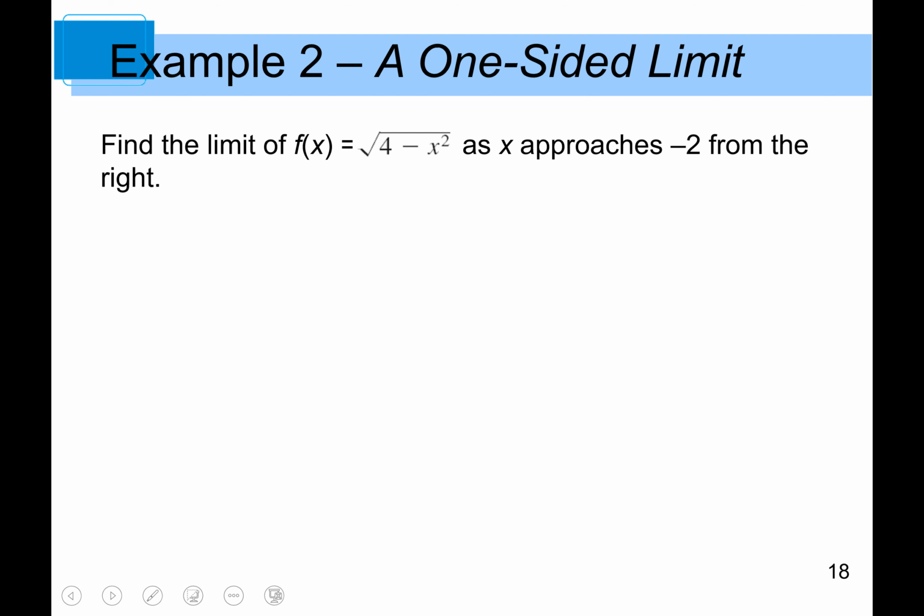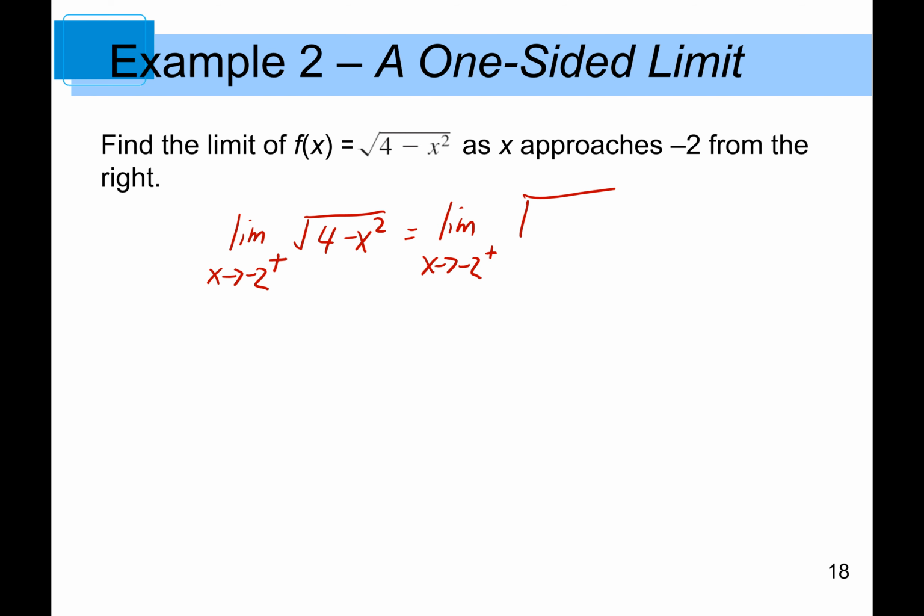So let's learn how to find the limit of f of x when x approaches -2 from the right, plus means right. So here we just do direct substitution, replace x with -2 in the square. In that case, we get the limit as x approaches -2 from the right hand side.